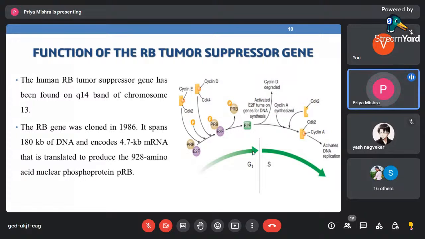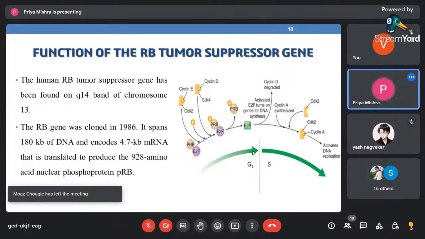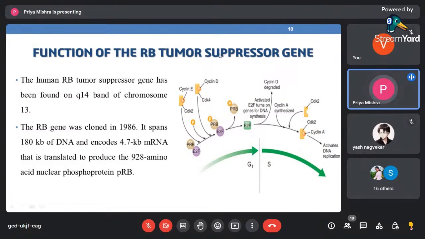So here two cyclin-CDK complexes are formed during G1: cyclin D with CDK4, and cyclin E with CDK2. These complexes cause progression into the S phase by catalyzing a series of phosphorylations of cell cycle controlling proteins, including pRB. pRB is found in a complex with the transcription factor E2F.